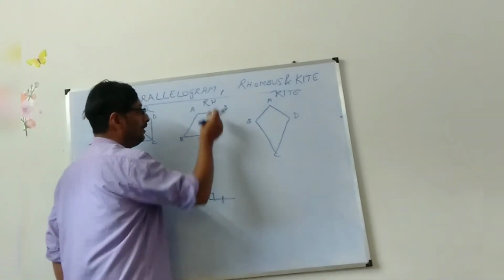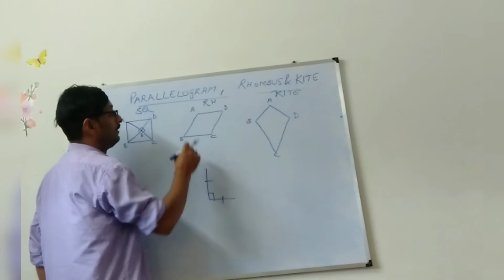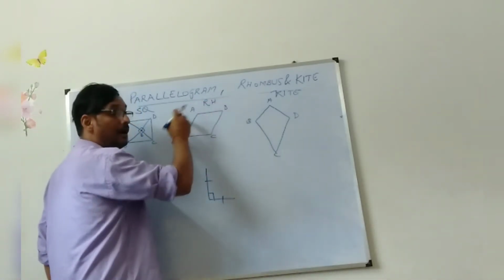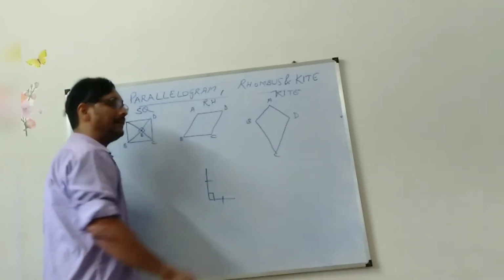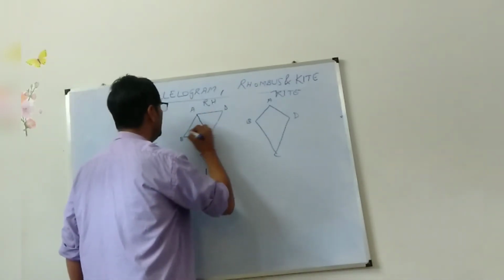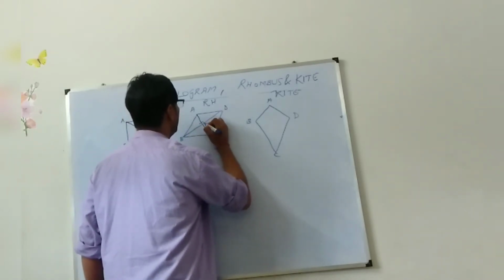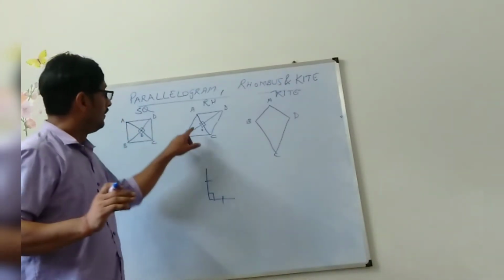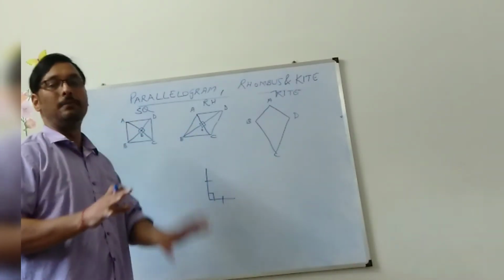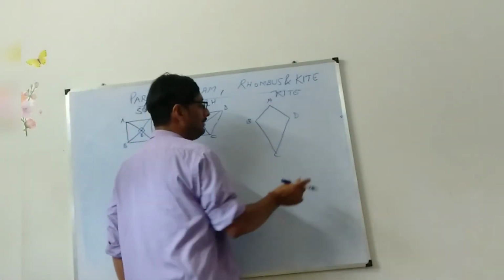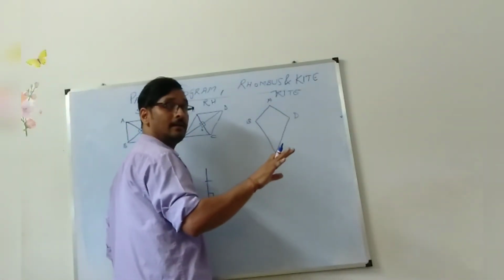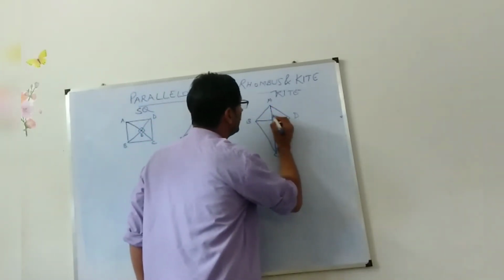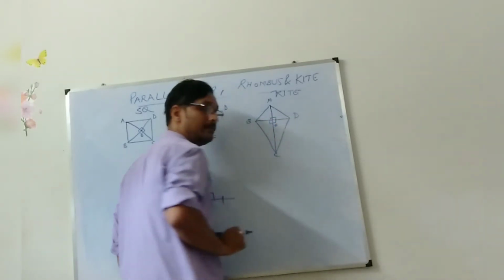A rhombus is a quadrilateral whose all sides are equal, opposite sides are parallel, no angles are 90 degree, and diagonals bisect each other at 90 degree. So I am utilizing this 90 degree. I have found it out, and now I am utilizing this information. A kite is a quadrilateral whose both pairs of adjacent sides are equal and diagonals bisect each other at 90 degree.